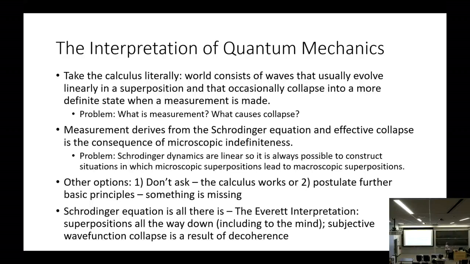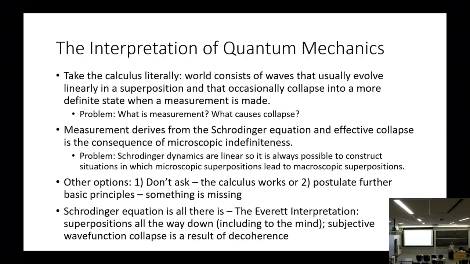The problem that Chalmers raises with this one, and other people raise, is that Schrodinger dynamics are linear, so it's always possible to construct situations in which these microscopic superpositions lead to macroscopic superpositions. So a superposed wave function evolves into a relatively clear-cut superposition of distinct macroscopic states rather than a jumbled mess.